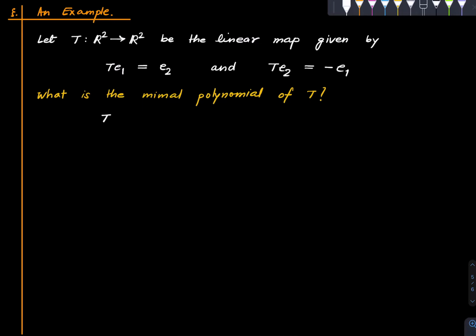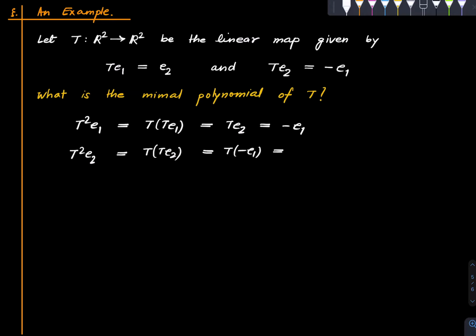So we know that T squared E1 is what? This is equal to T of T E1, which is equal to minus E1. And what is T squared of E2? This is equal to T of T E2, which is T of minus E1, which is equal to minus T E1, which is minus E2.